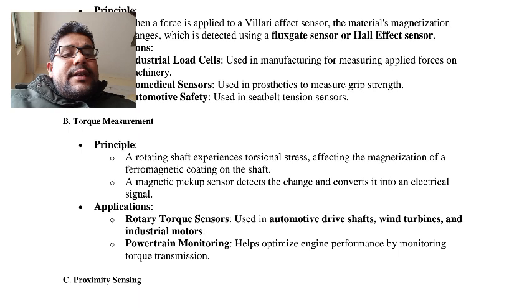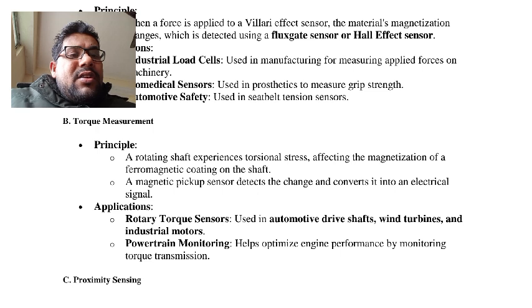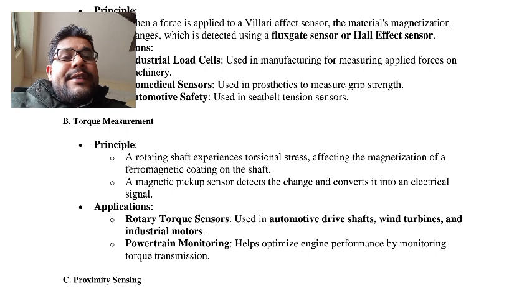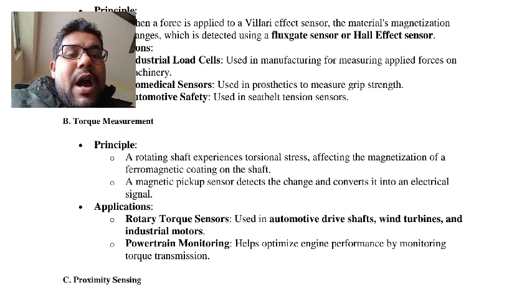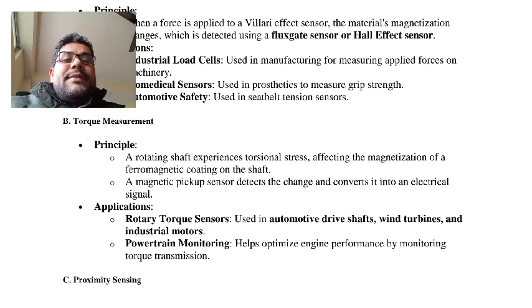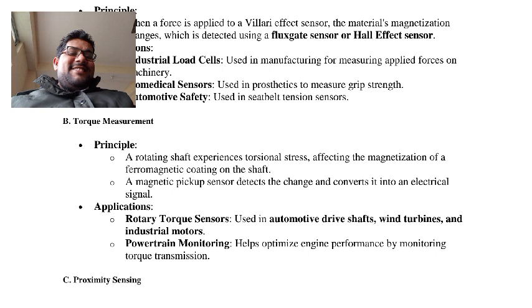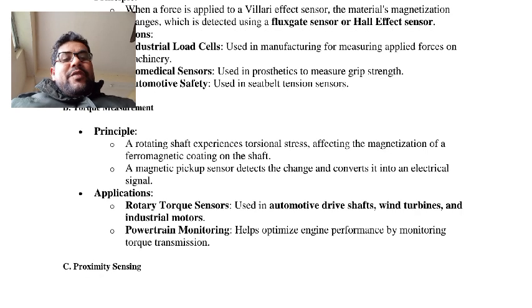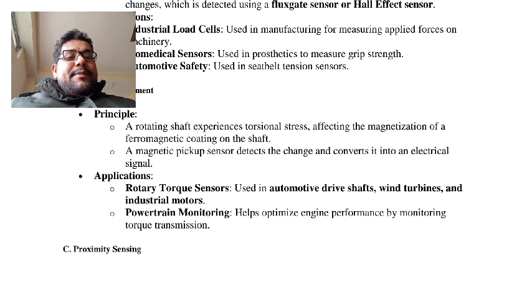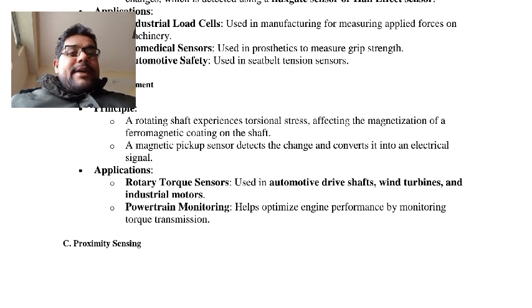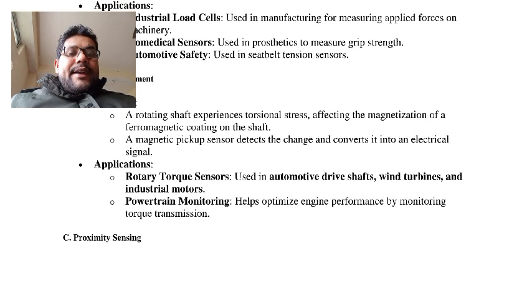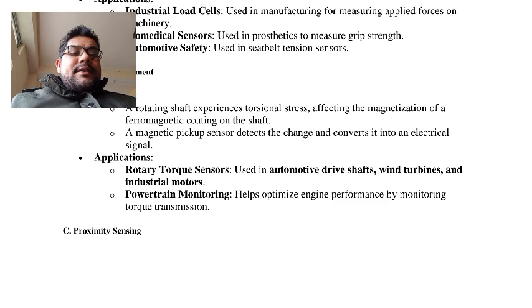Rotary torque sensors are used in automotive drives, shafts, wind turbines, and industrial motors. Powertrain monitoring helps optimize engine performance by monitoring torque transmission.